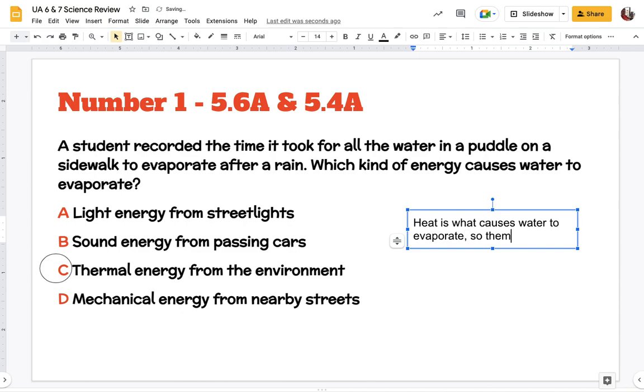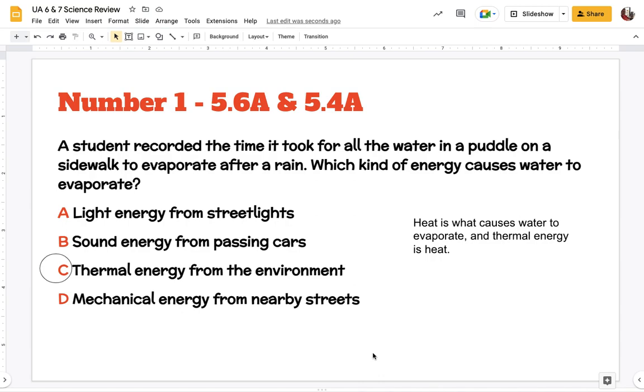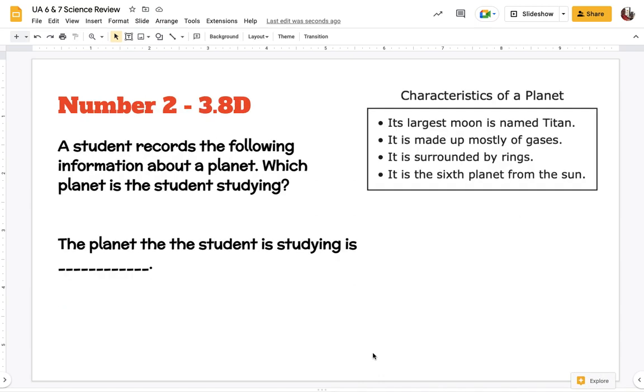So thermal, or you could say thermal energy is heat. Done. And that is your reasoning and your answer. Okay? Good job. Let's go ahead and move on to question number 2.